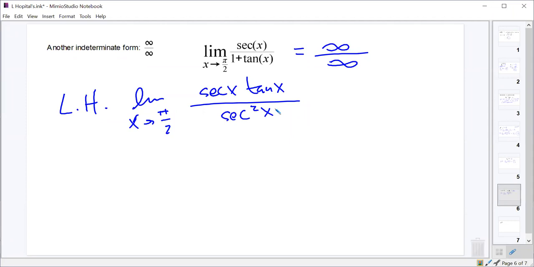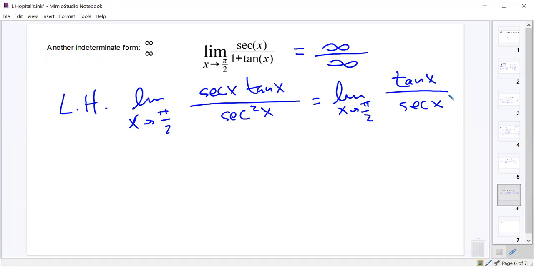Everybody good with that? Can I simplify secant x tangent x over secant squared x into tangent x over secant x? Yes.